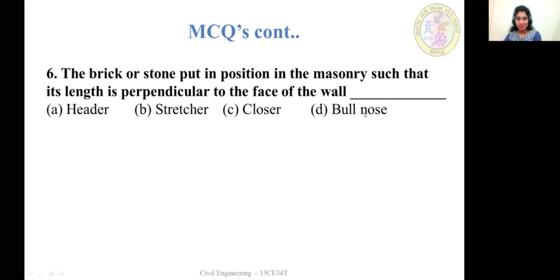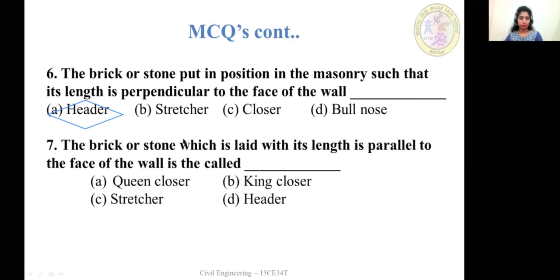It is a very simple question. Try to solve the question as early as possible, because just now I have explained the terms. Hope you have already chosen the right answer. That is option A, header. Here the length is perpendicular to the face of the wall, so it is known as header.